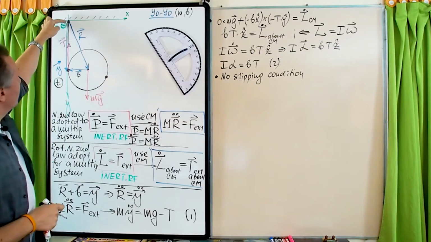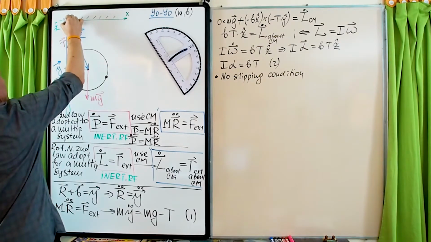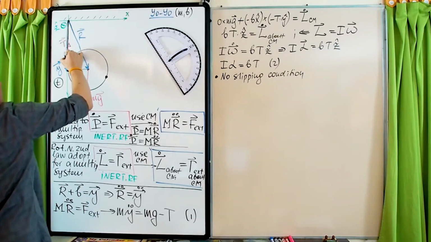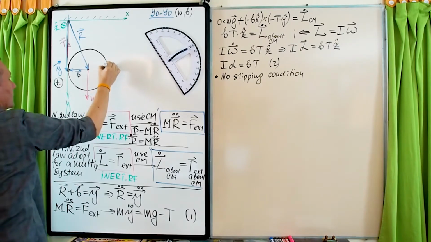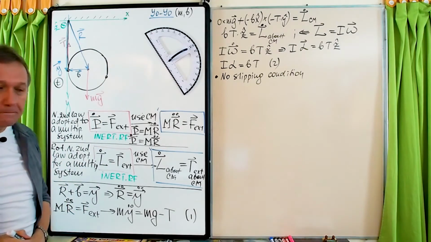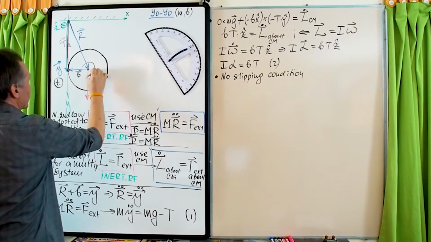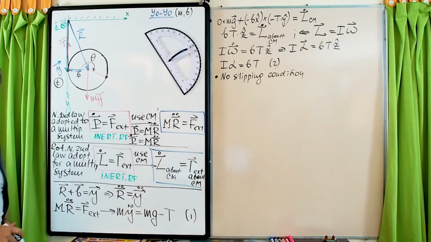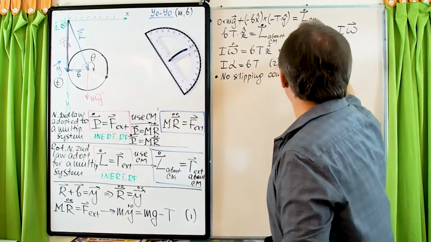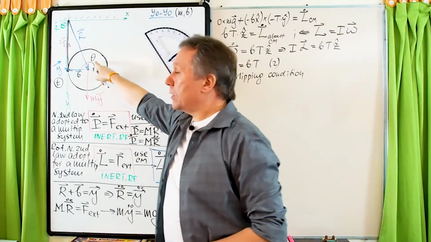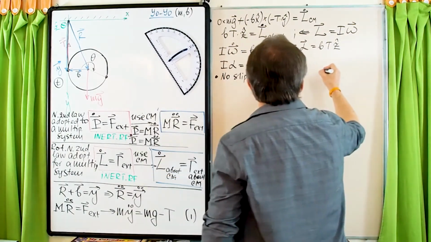So this distance must be equal to the arc length of this. We can introduce the angle, this is theta. And theta dot is our omega, and theta double dot is our alpha, the angular acceleration.